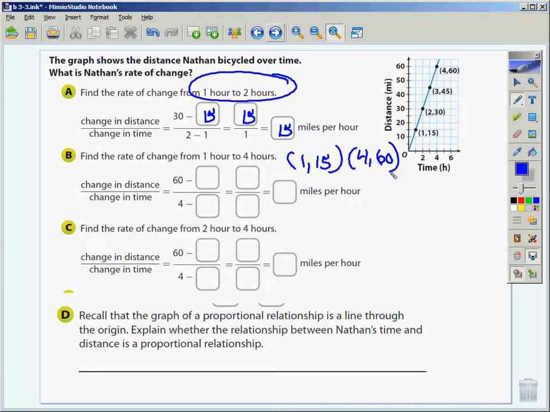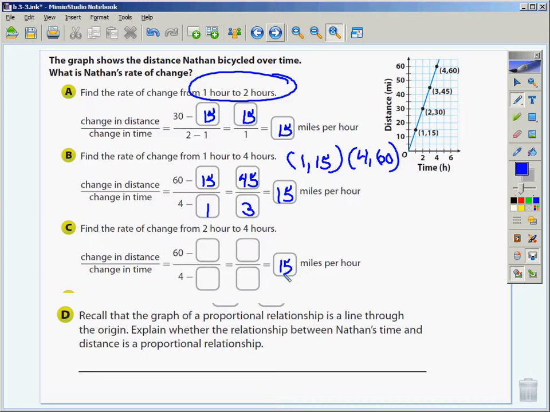So what do we see? 60 minus 15 over 4 minus 1. 45 divided by, which is what? 15. Okay. So, I'm going to tell you on all of these that the miles per hour is going to come up to what? 15.